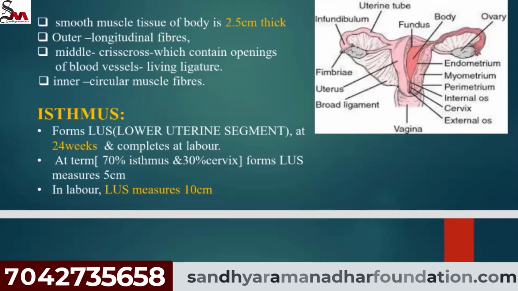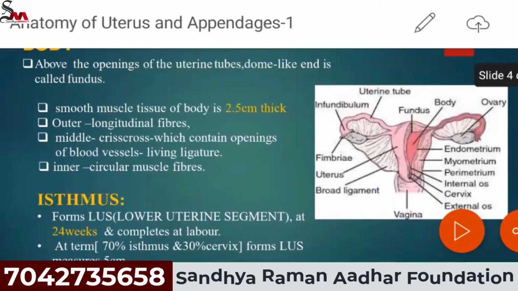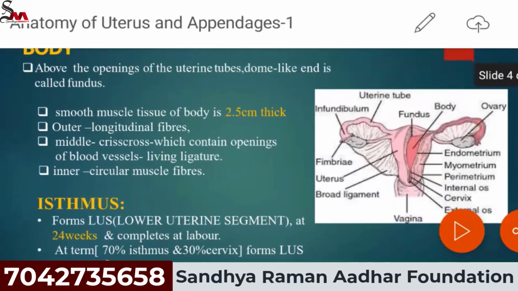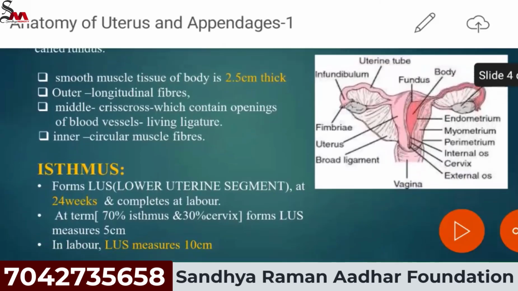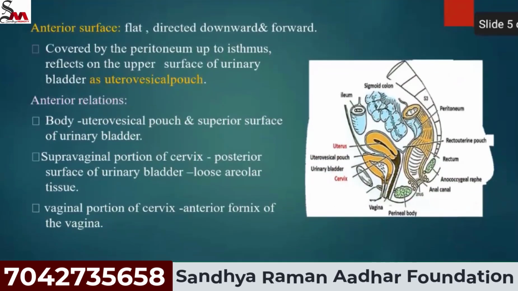At the time of labor, the lower uterine segment measures about 10 centimeters, which we correlate with the opening of the cervix. It makes the passage for the fetus.